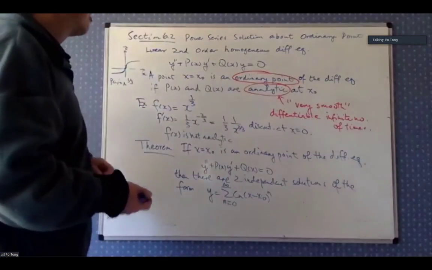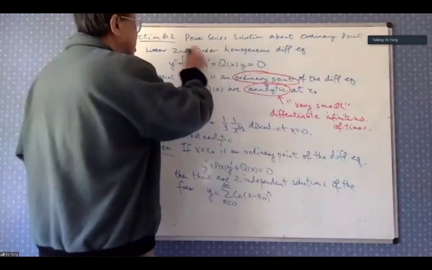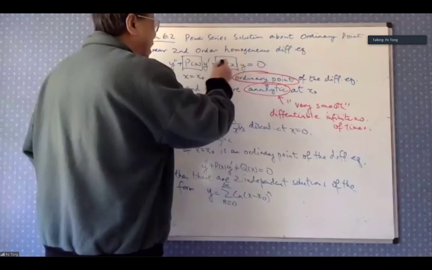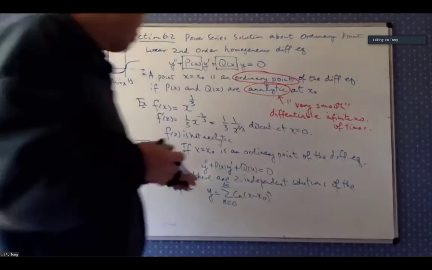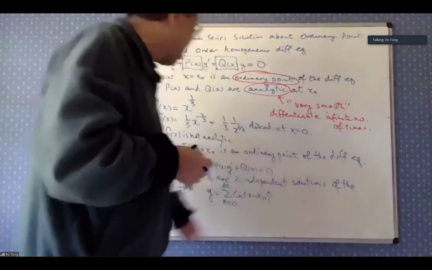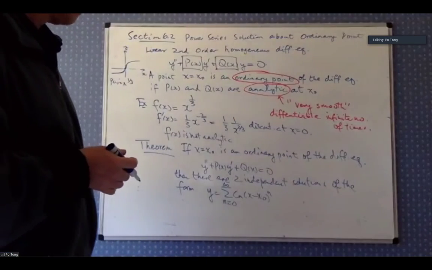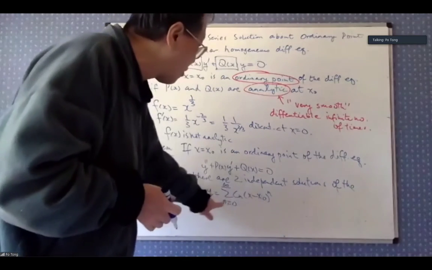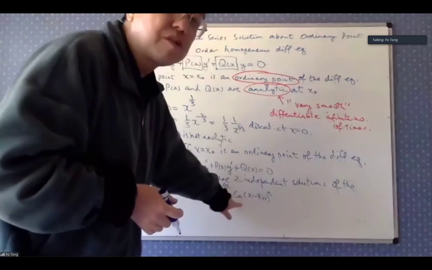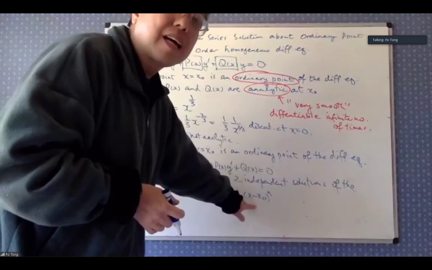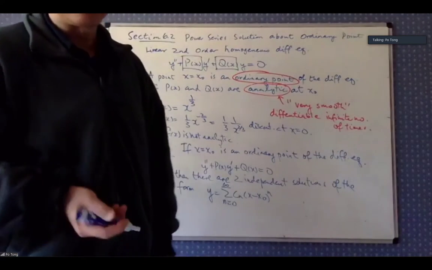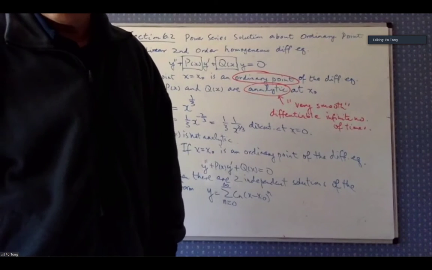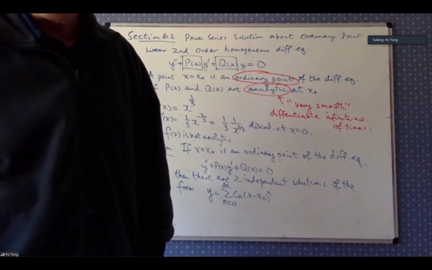So it's saying that if these functions behave nicely enough at that point, then you are going to have power series solutions. This is a power series of the solution centered at the point x0. You guys remember we did power series in calculus 2.